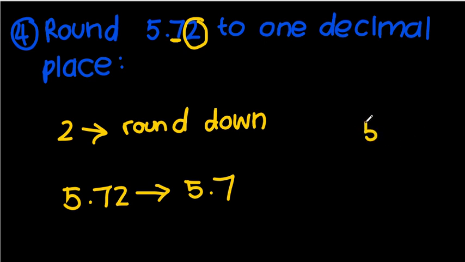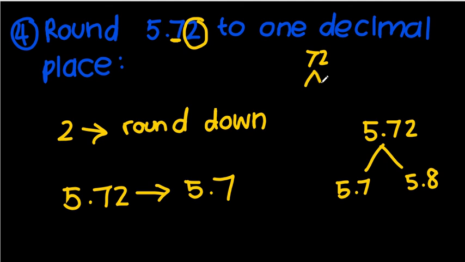We were trying to see if 5.72 is going to go to 5.7 or 5.8. Thinking of it in terms of 72, is it going to go to 70 or 80? We can see it's going to go to 70, so it's 5.7. I hope that helped and made some sense. Let me know if you have any questions. I don't mind going through some others.